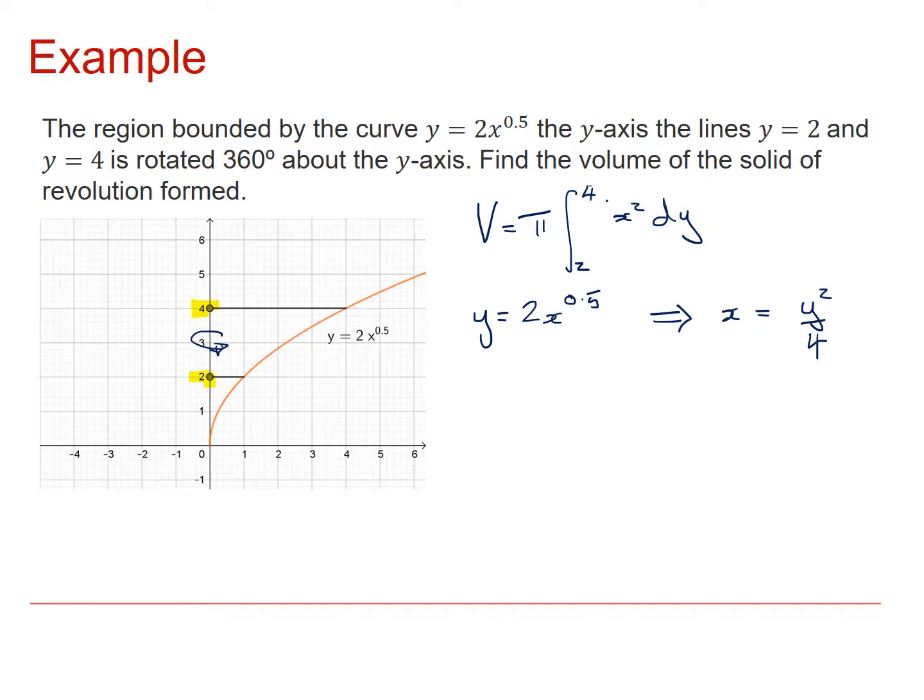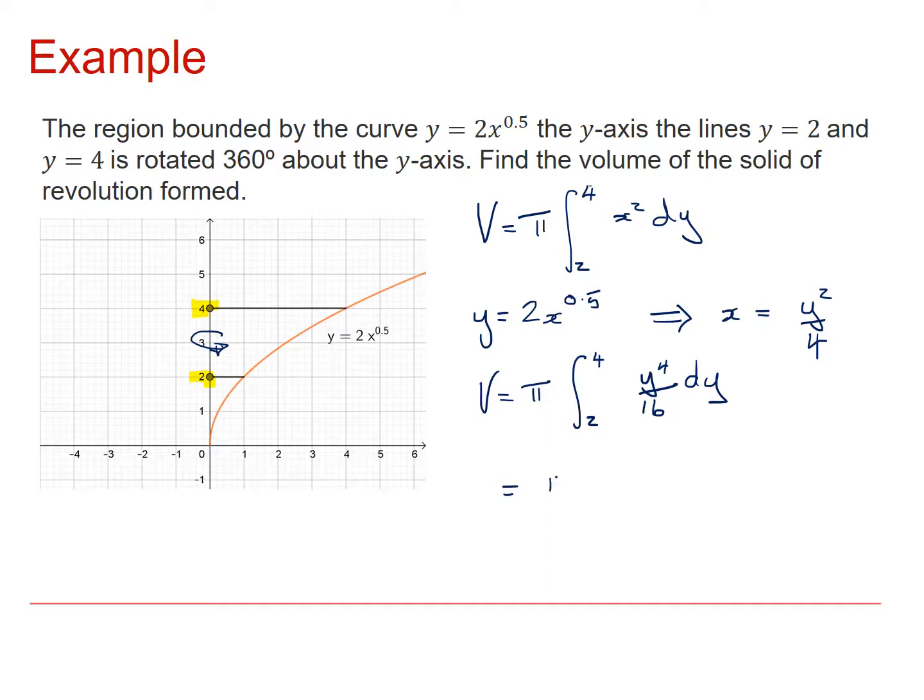So if I plug that into here, I'm going to get that the volume is pi times the integral between 2 and 4 of y to the power 4 over 16 dy.